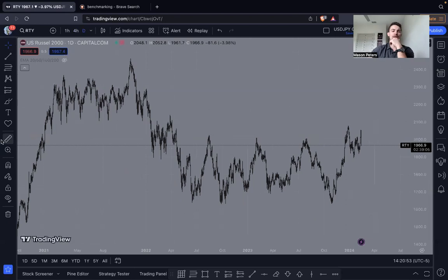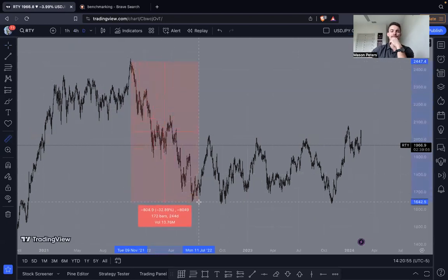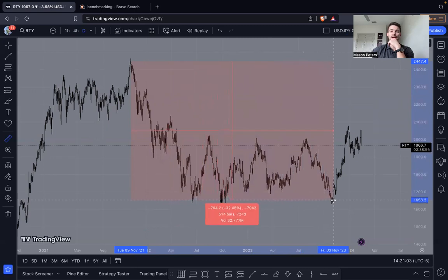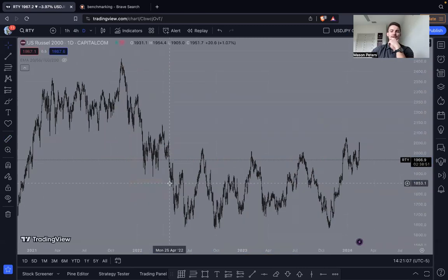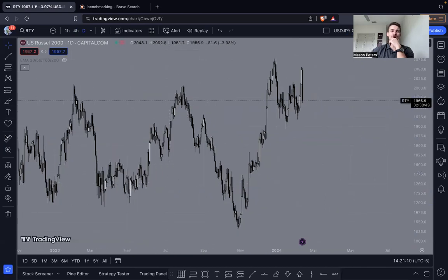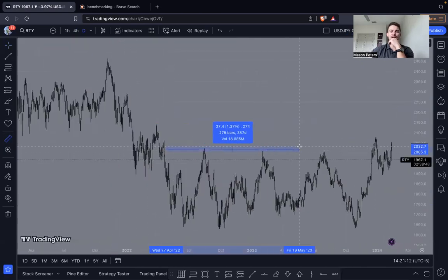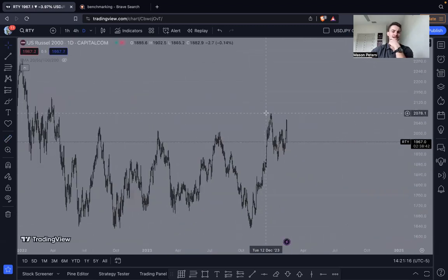Remember the decline that we saw on indices, right? The NASDAQ dropped about 33%, 36%. The Russell went ahead and dropped 32% total. Okay. And fascinatingly enough, these highs right here have not really been cleared significantly like on NASDAQ.